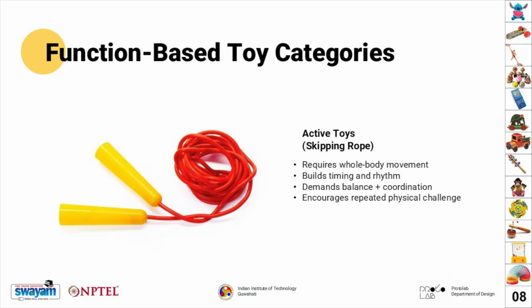It creates active play because the toy only works when the whole body is involved. The child must swing the rope, jump at the right moment, land, and repeat, combining balance, rhythm, timing, and coordination.